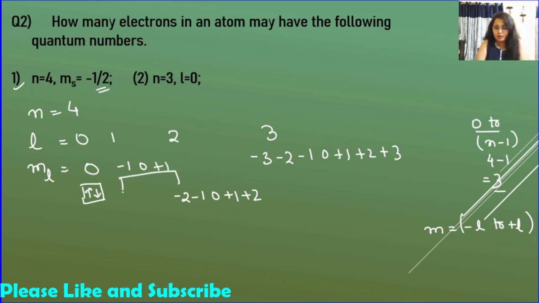For 1 there will be 3 orbitals having 6 electrons. For 2, we will draw 5 orbitals: -2, -1, 0, +1 and +2. Each orbital has 2 electrons with opposite spin.